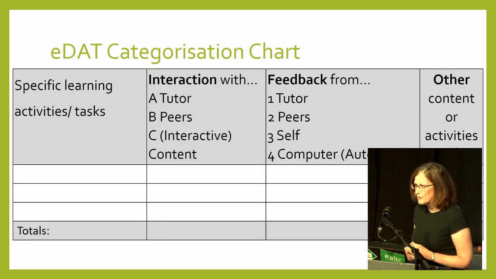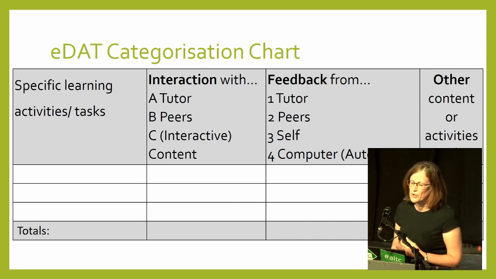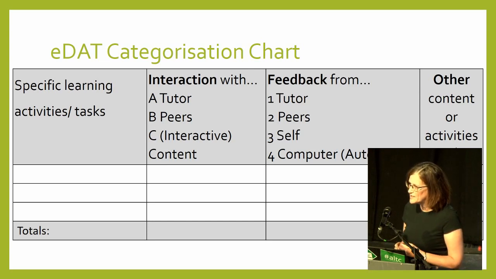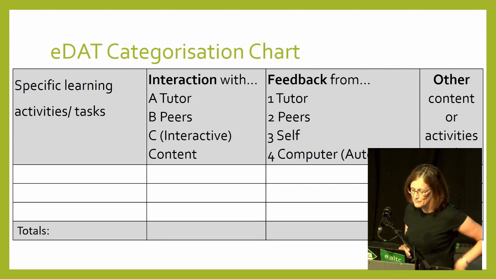But what I found was that there were two terms that we were using that were the most consistently used, that people were able to identify learning activities that included types of interaction or types of feedback. None of the other terms that we saw really worked as well as these, even though this wasn't perfect. So we identified within interaction three types of interaction.